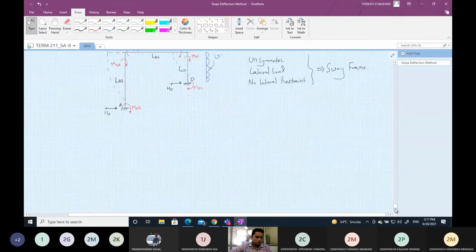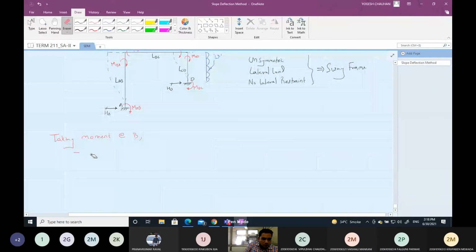So let us formulate the additional condition, taking moment at B, so it will be minus HA into LAB plus MAB plus MBA equal to 0.